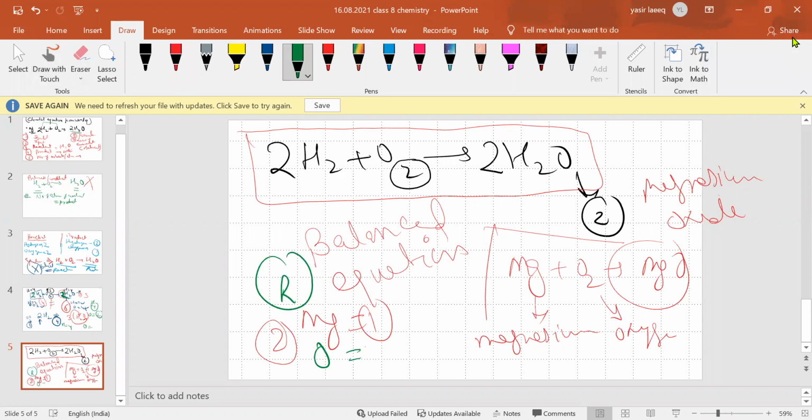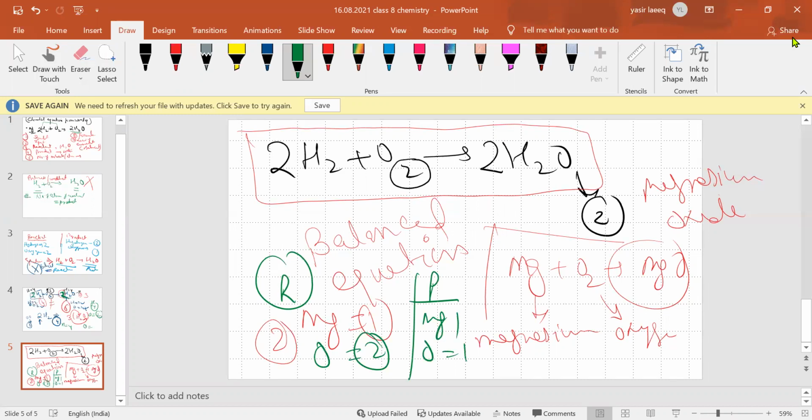In the products, Mg is still 1, but O also became 1. Now it's an unbalanced equation because in the reactant there is one more oxygen atom, which is not correct.